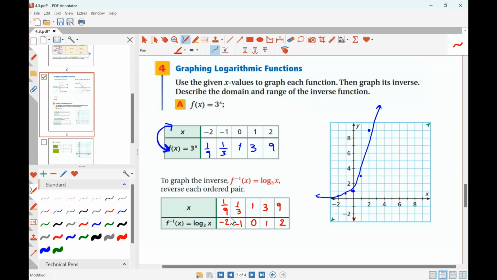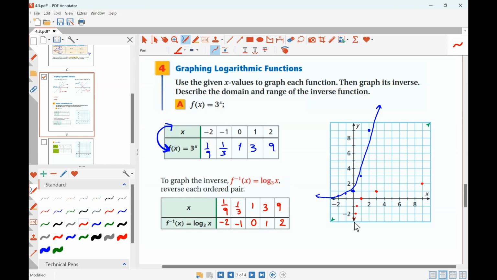So now start plotting these points. 1 over 9 for x, close to 0. Negative 2 for y, somewhere here. 1 over 3 for x, negative 1 for y, somewhere here. 1 for x, 0 for y, I'm on the x-axis. 3 for x, 1 for y, I'm here. 9 for x and 2 for y, I'm way up here.